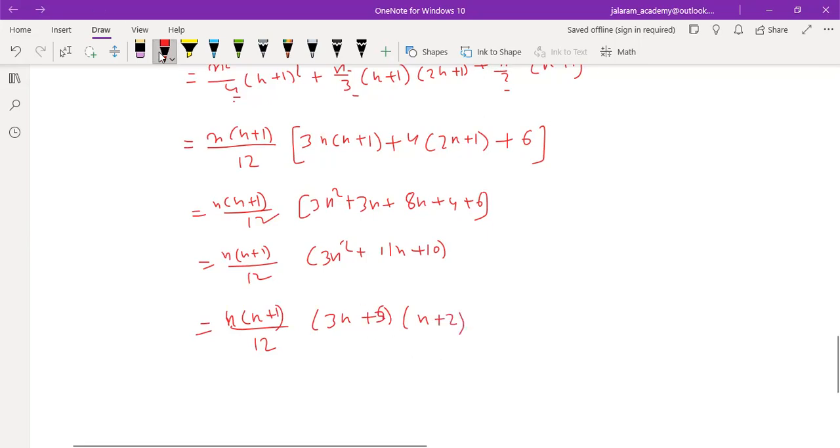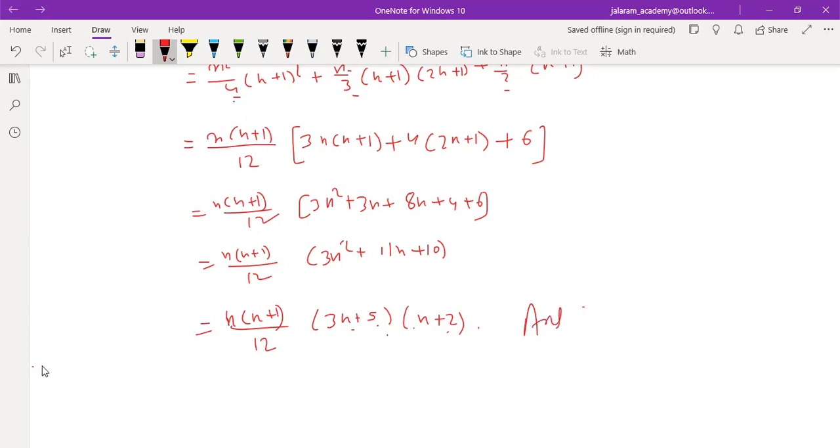So you can factorize it by using the splitting method. I have not explained how to factorize this term. 5 into 2 is 10, 5n plus 3 into 2 is 6n, which is 11n. Okay, so we have checked also. So this is the answer.